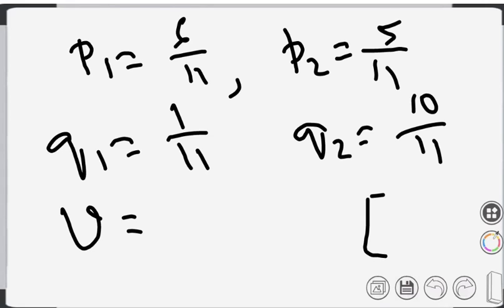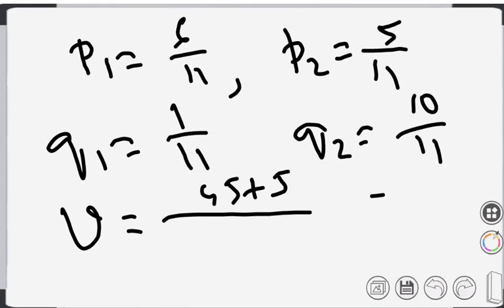So 9 into 5 minus 4 into minus 1. 9 into 5 means 45. 45 minus of minus 4, so 49 by 11. Again it is coming as 49 by 11.